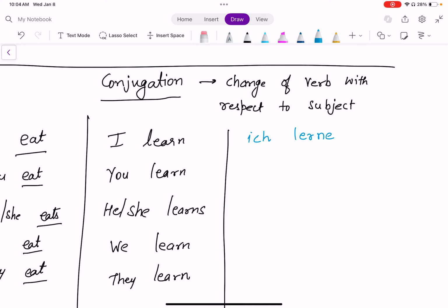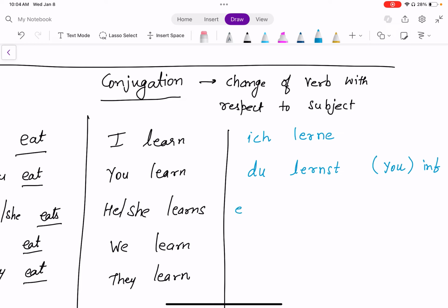You learn. And now here in English, you will notice there is no formal and informal sense of you, right? Everyone is you. But in German, there is a concept of formal you and informal you, just like in Hindi. Okay? So you have here du lernst. Du lernst. This is you informal. Okay? Du lernst.